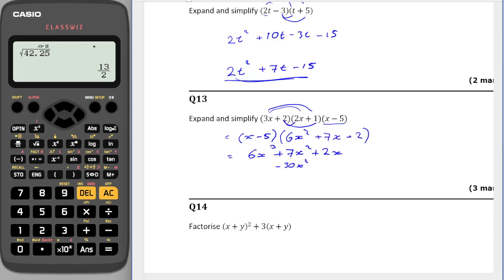Minus 5 times 7 is going to be minus 35x, and then minus 5 times 2 is going to be minus 10. Now that I've got them lined up, they're easier to add together. So that's going to give me 6x cubed minus 23x squared minus 33x minus 10.